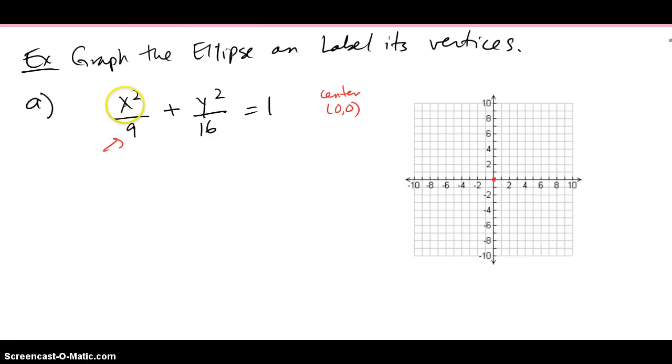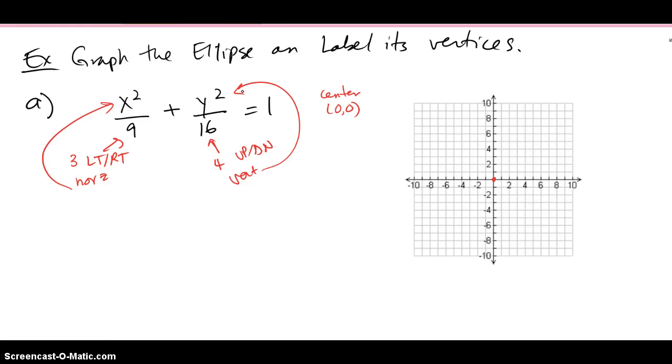Then this 9 under the x says go 3 left and right in the horizontal direction because of this x. And then this 16 says go 4 up and down in the vertical direction because it's under the y, is the easy way to think of it.